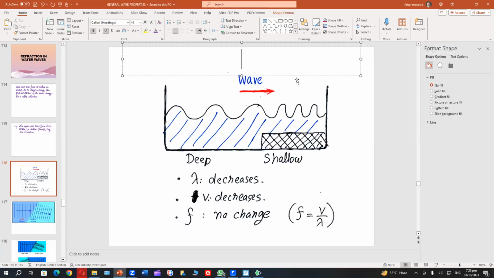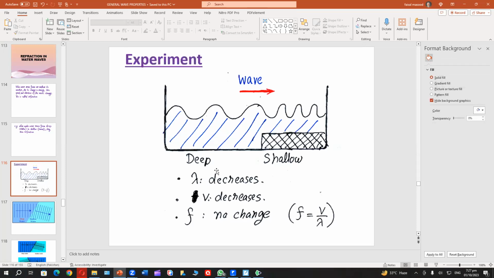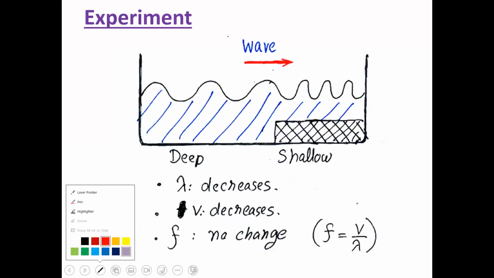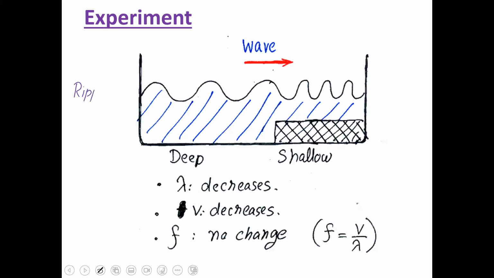So we design an experiment, and this is a ripple tank. The purpose of this experiment is to demonstrate the refraction in water waves. Now you have to copy this screen.